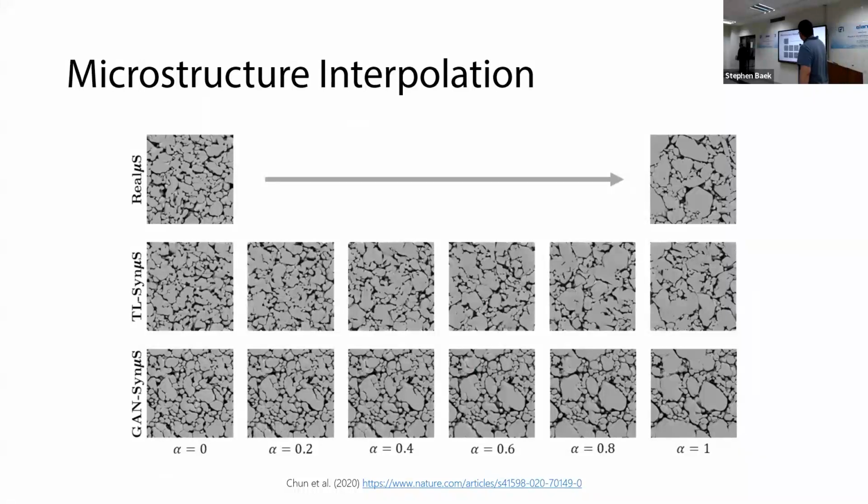Now, this is where the fun begins. Let's say we have a real microstructure that looks like this, and then a real microstructure that looks like that, and somehow you want to find an in-between image.